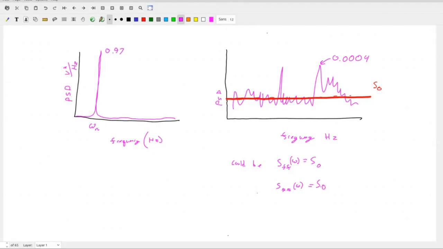So what's SFF? What would that be? What's function F? The force, right? So if you have a spectrum of your output X or the spectrum of your input F, or whatever you want to call it.